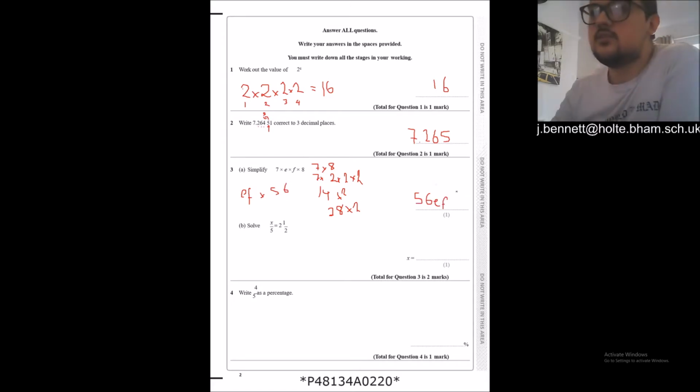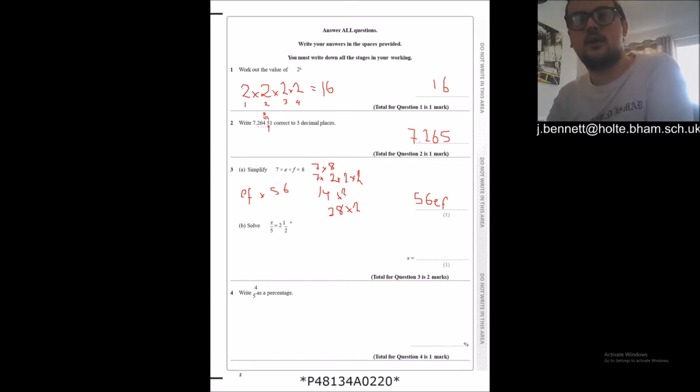Right, solve x over 5 is 2.5. You see the one's a little bit off centre, but we're going to assume that says 2.5. So we're going to multiply it by 5 on both sides, because we want the x by itself.